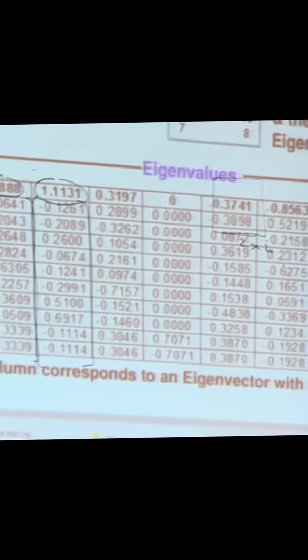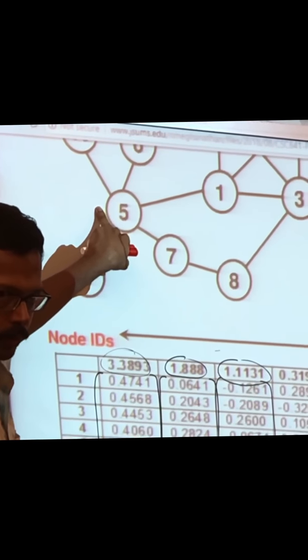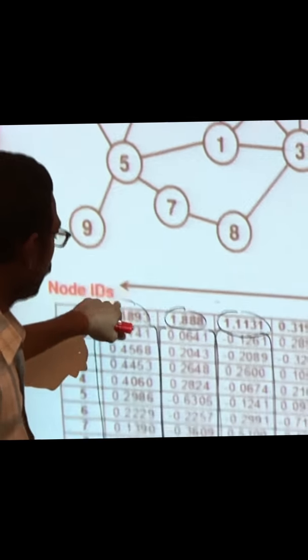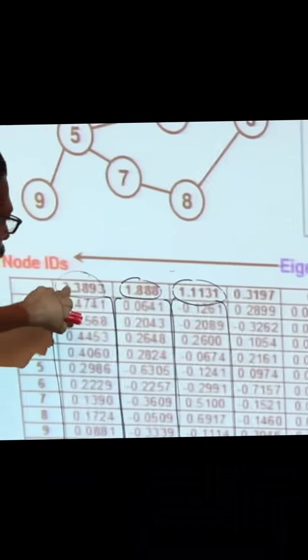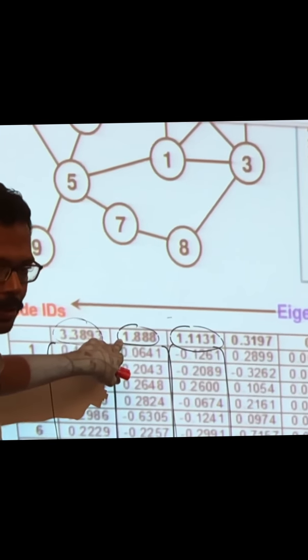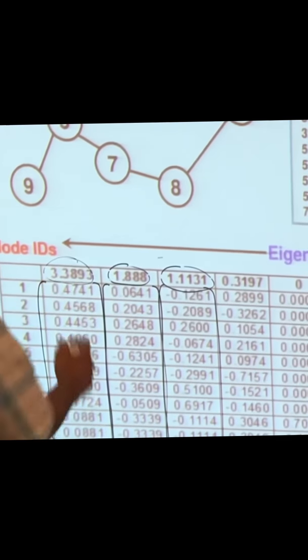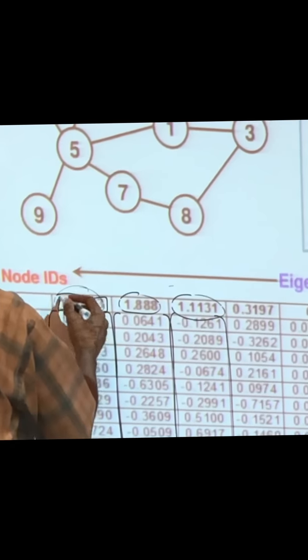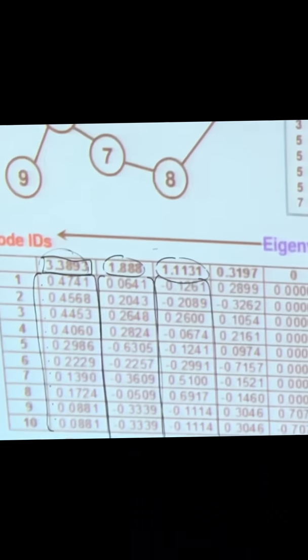Right here. Now, as I said, since the adjacency matrix is going to have only non-negative entries, I have listed them in decreasing order of eigenvalues. So this is the largest eigenvalue, 3.3893, 1.888 is the next largest, and so on. Not only is the largest eigenvalue positive, all the entries in the corresponding eigenvector are also positive.